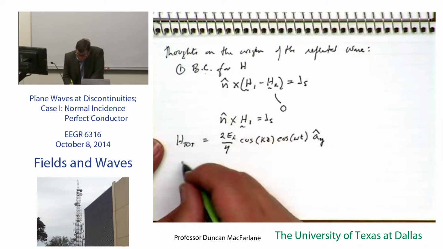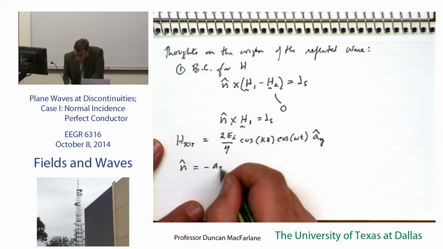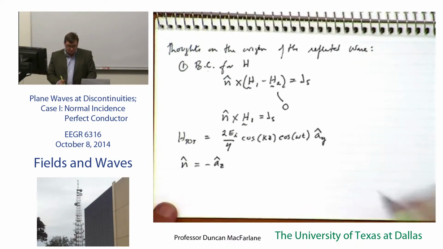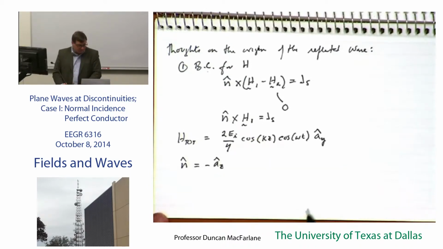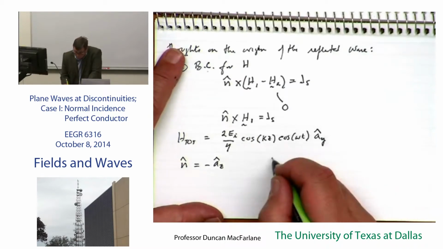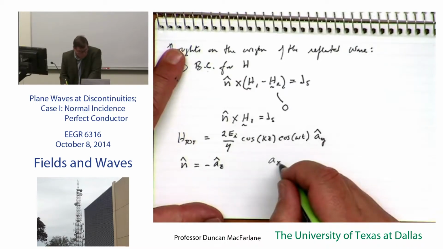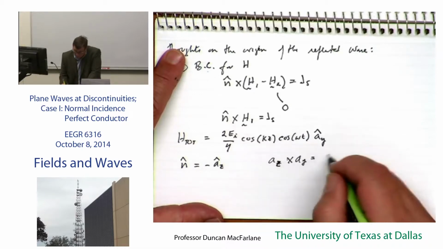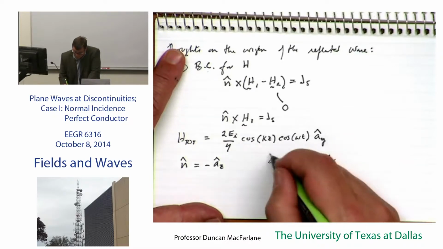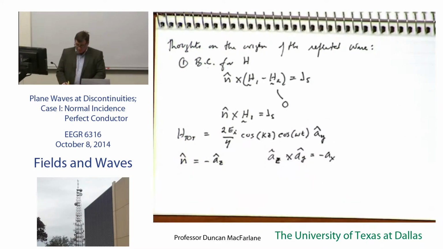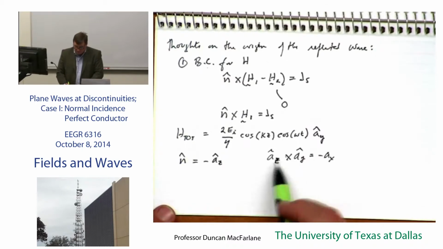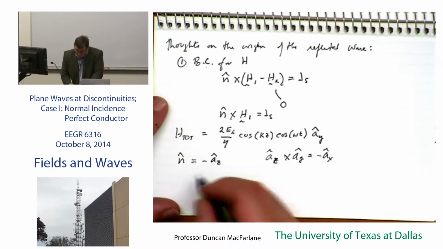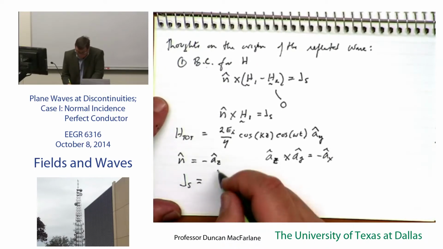The N is minus az. So N cross with this H total, so X, Y, Z. Z cross Y is minus X. There's a minus sign there. So we know what the surface current is.